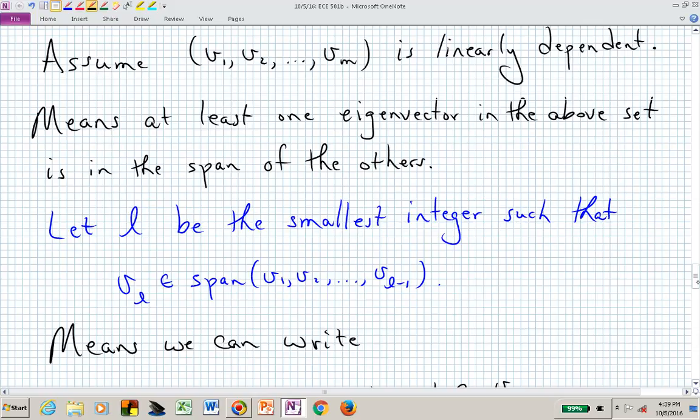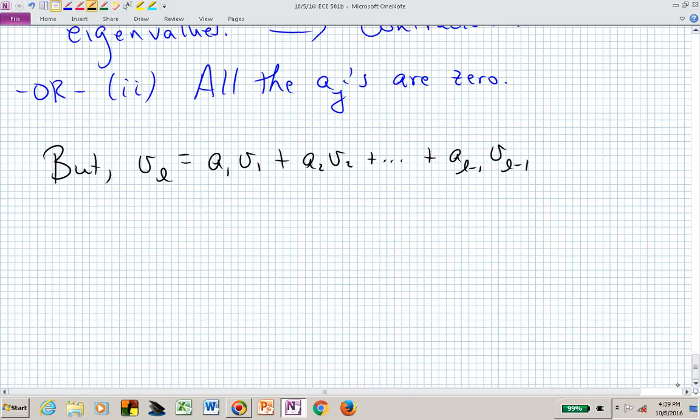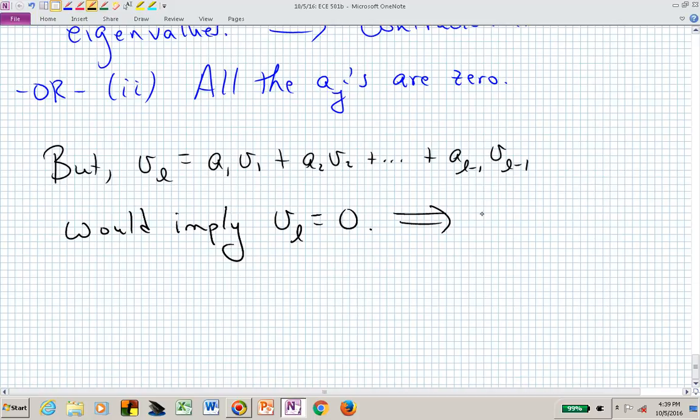But we didn't choose v sub l to be 0, did we? So that's a contradiction. But v sub l being of this would imply v sub l is equal to 0, and that path produces a contradiction.